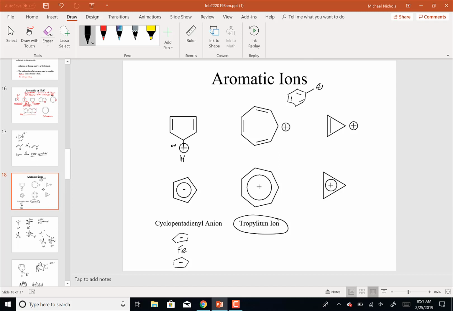Those are called ferrocene molecules. But you can do different metals, and so those are actually very useful. So again, that anion would be formed faster than normal anions.